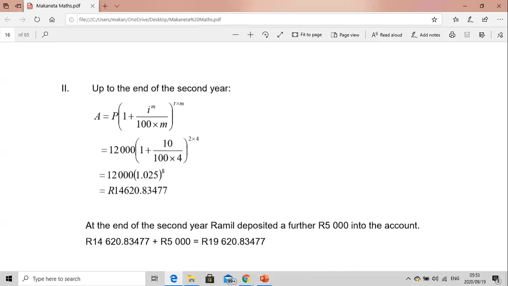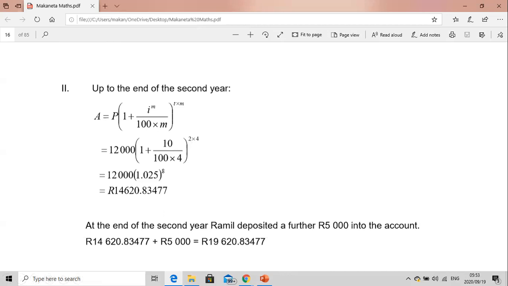But we write 83477 because we cannot round off before the final answer. Remember, that's the end of 2 years, so we have got 2 times 4. Why do we multiply 2 by 4 in the exponent here? That is the term, 2 years times 4 quarters. So it will be about 8 quarters in 2 years.